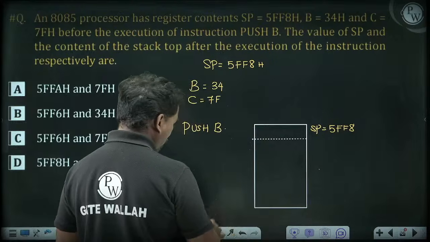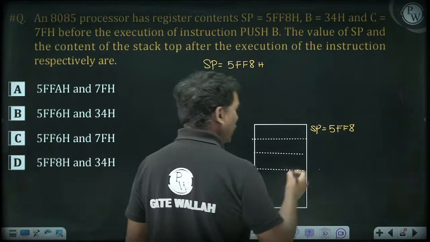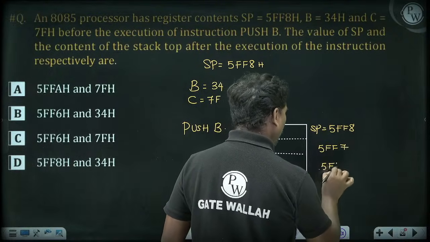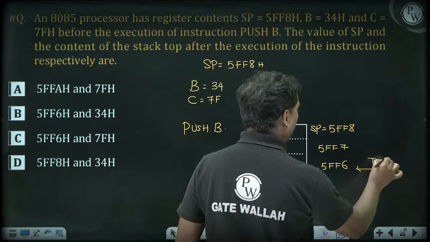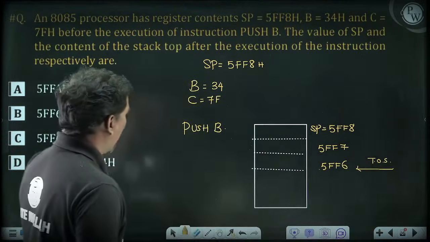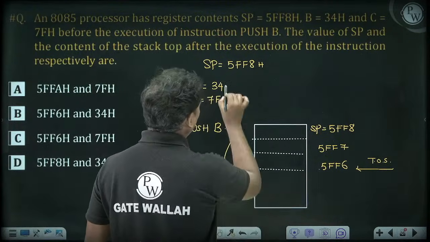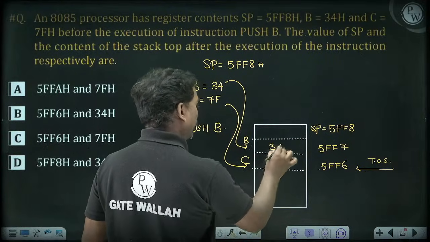When I say PUSH B, the stack pointer has to be decremented twice. So it will become 5FF7, 5FF6. These are the latest top of the stack. PUSH B means C goes to the lower location and B goes to the higher one. So this is 7F and this is 34.